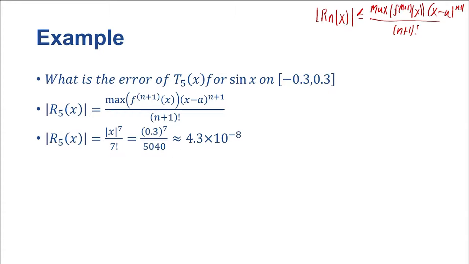We take the next term of the Taylor series, which is x to the 7th over 7 factorial for the sine of x. And of course, we're multiplying this by the maximum of that derivative, and the maximum of that derivative is going to be 1 because it's a trigonometric function, so it has a maximum at 1.